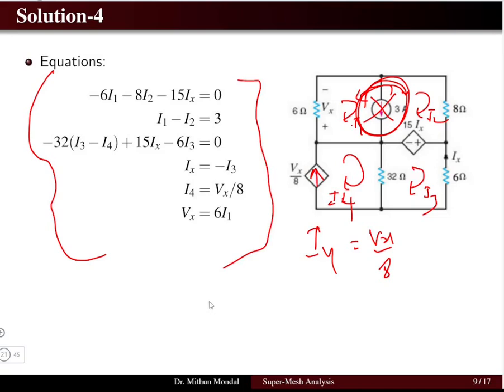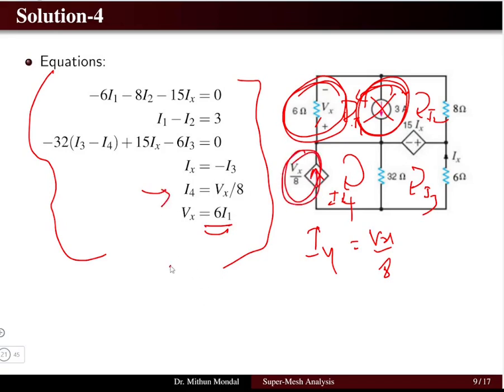So once we have written the KVL equations, the constraint equation and the potential drop, Vx is basically 6 times I1 because I1 is the current flowing in that mesh. And we can also see that I4 is equal to Vx by 8 because it is at the boundary.